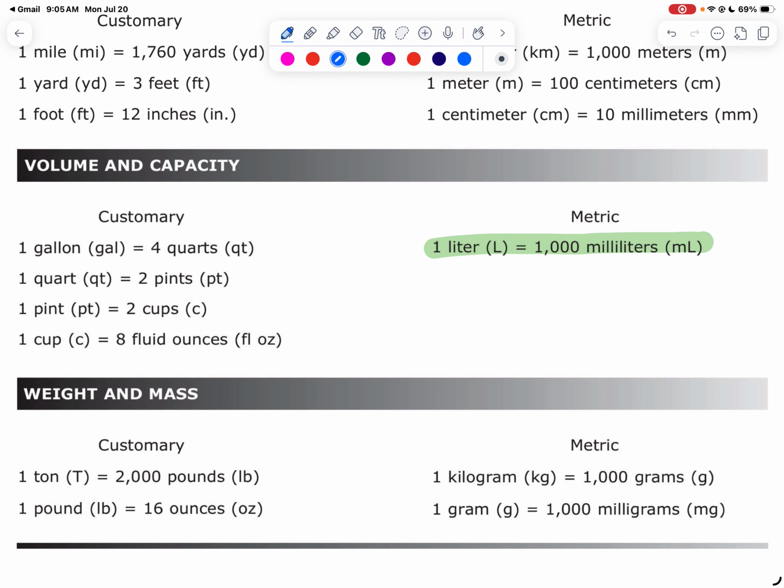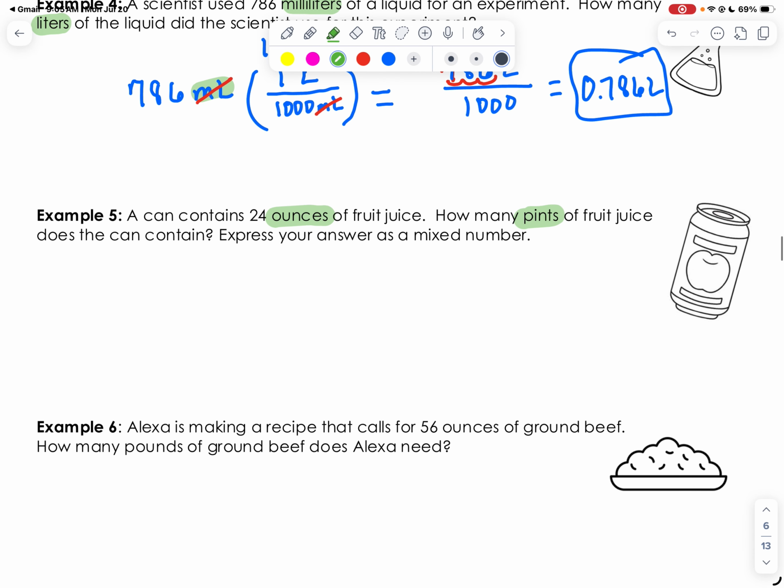Well, I'm going to need 2 on this one. I know that 1 cup is equal to 8 ounces. And 1 pint is equal to 2 cups. So let me write that down. 1 cup equals 8 ounces.